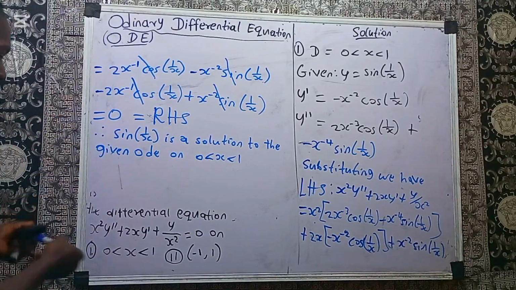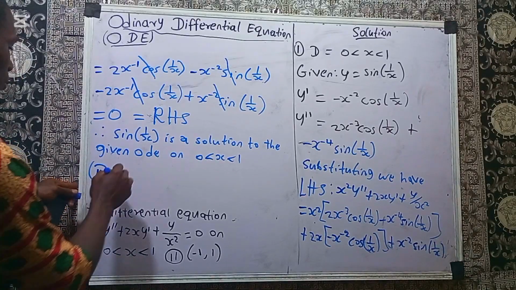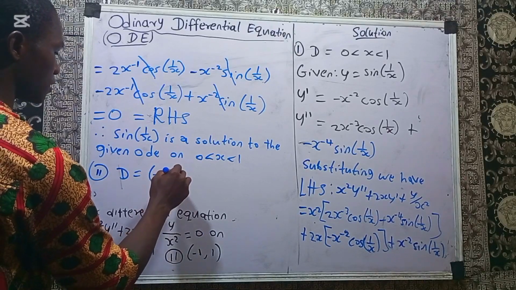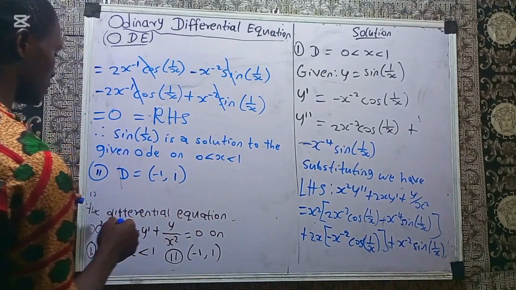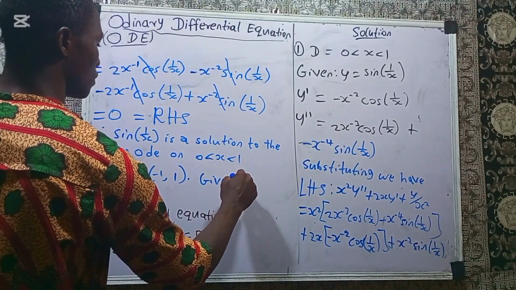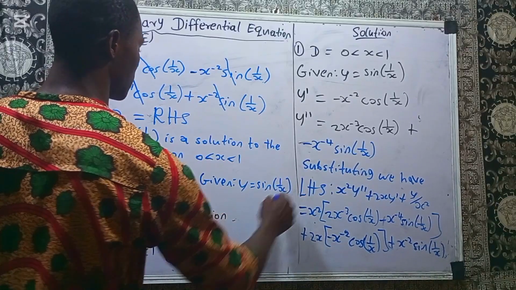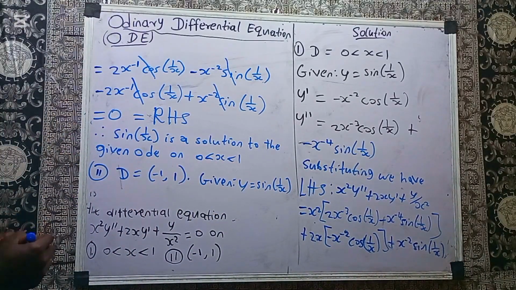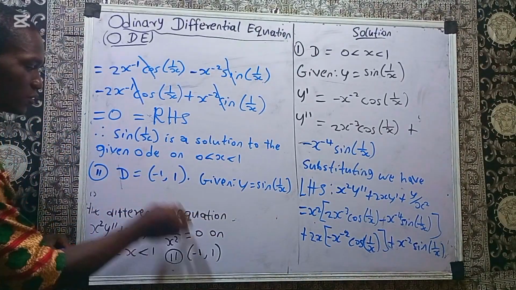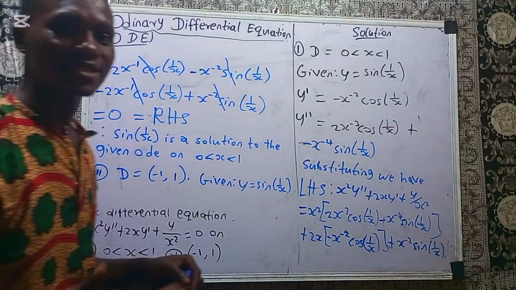The second question, question II, right? What's the domain? Our D is negative 1 comma 1, and we are given y equals sine 1 over x, right? So we check whether this sine 1 over x is continuous on this domain D. Now, I told you that sine is an entire function.